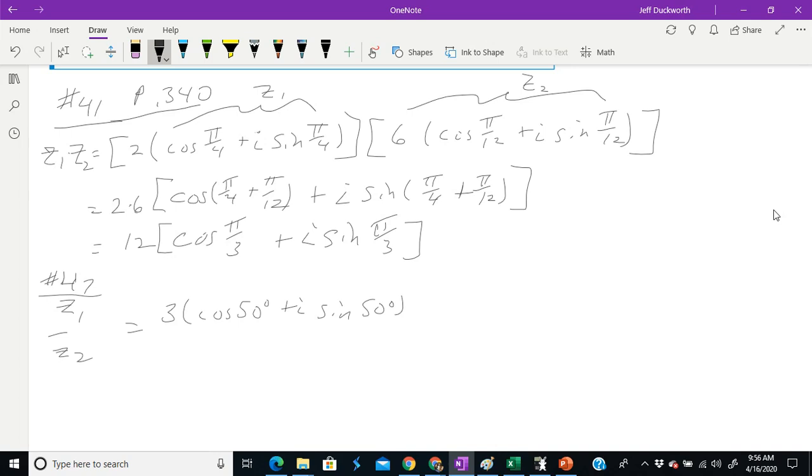Now we don't have to calculate cosine of 50 degrees at all. We're not doing that. We're not going to convert it to a standard form at all. The other part is 9 and then cosine and sine of 20.